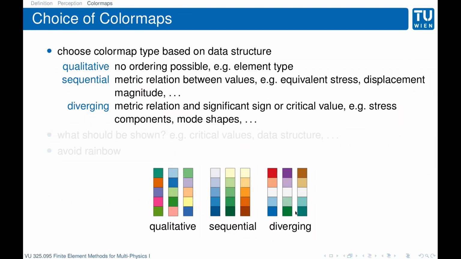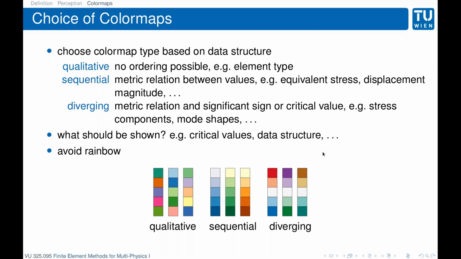So use this color map to show what is important in the data. And a last remark on colors: avoid a rainbow color map. It's still the default in many visualization programs, but for the typical thing you want to visualize, it is not suitable.